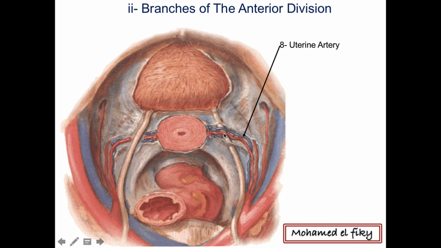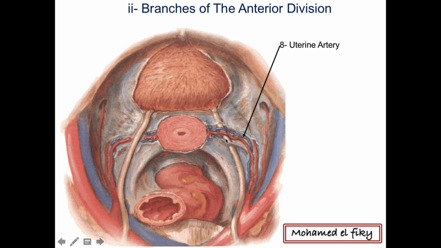The uterine artery crosses the ureter, which matters during what is called hysterectomy. What is hysterectomy? Removal of the uterus, as in case of cancer. The surgeon ligates the uterine artery, but it's very important not to ligate the ureter.